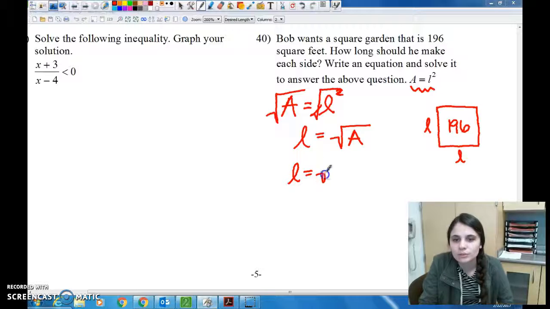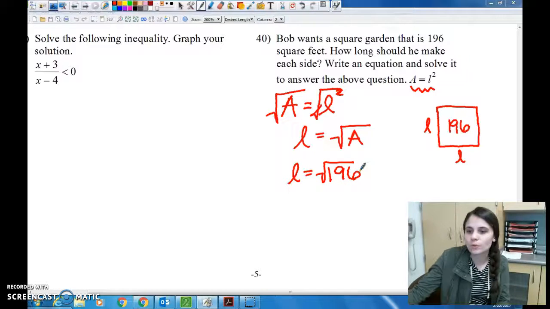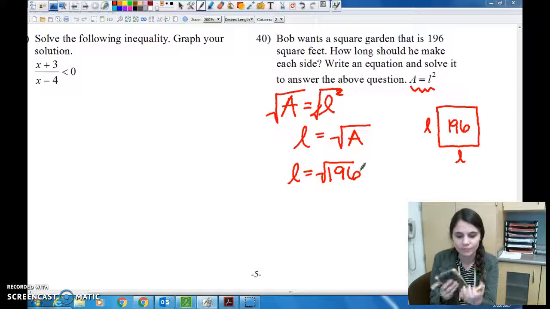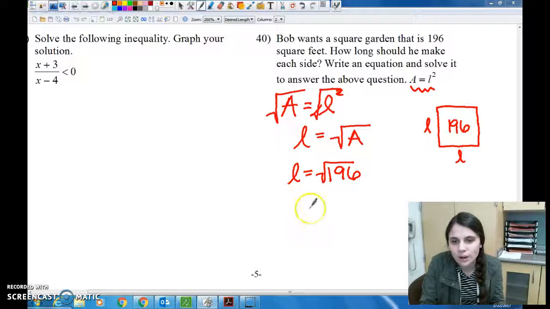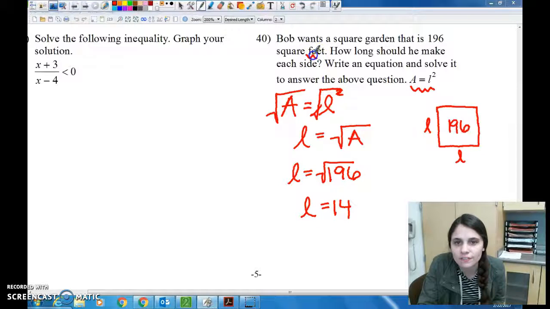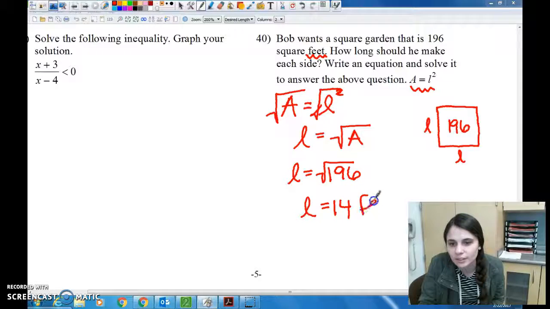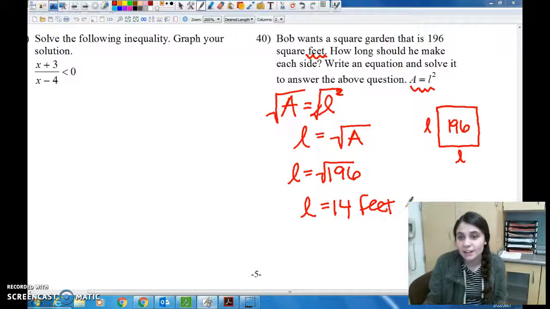So L is equal to the square root of 196. If we plug the square root of 196 into a calculator, the square root of 196 is 14. So the length equals 14, and this is in terms of feet. So 14 feet. And that is it for your review.